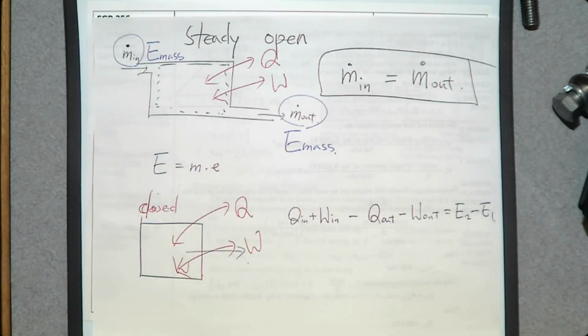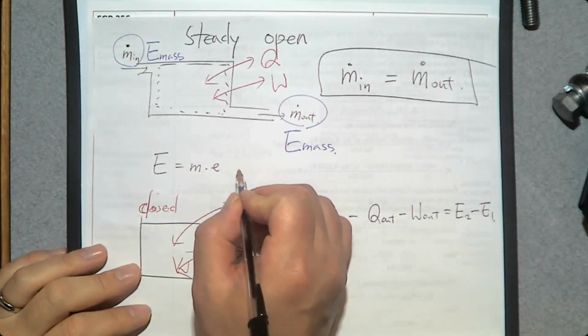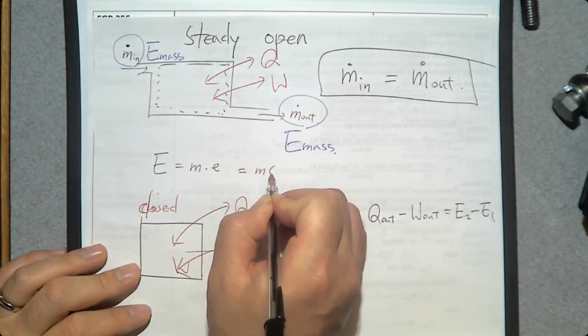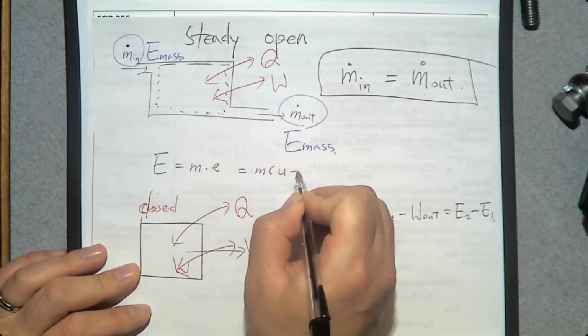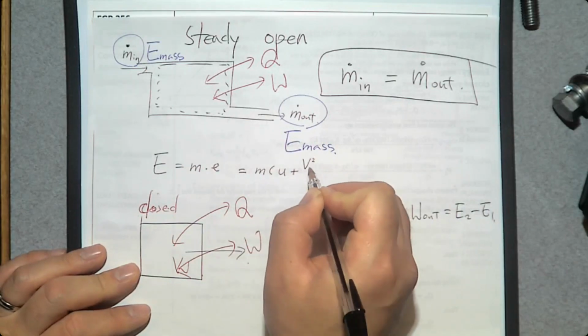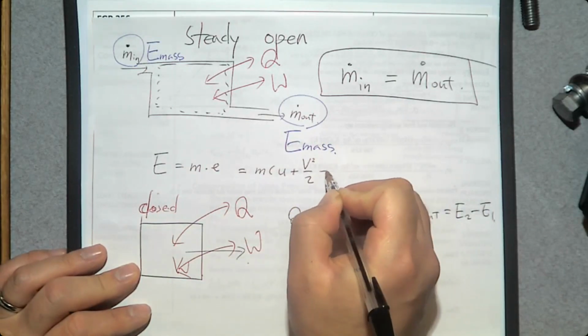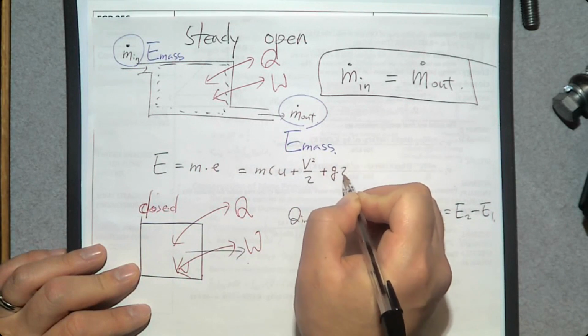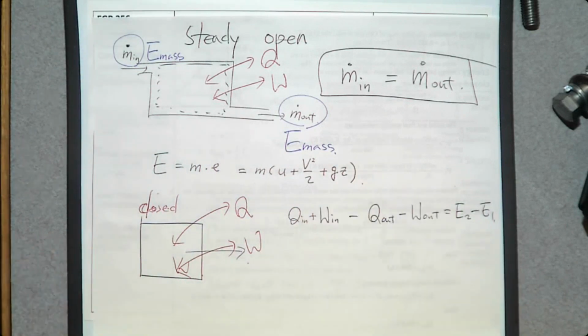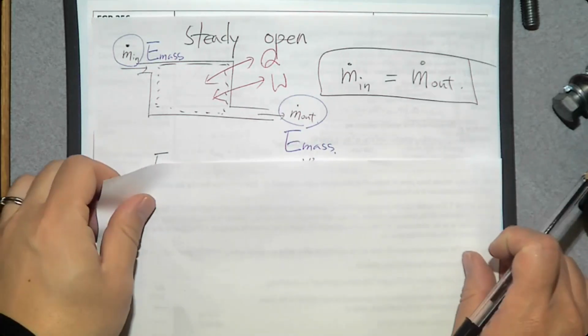Then how do you determine this total energy per unit mass? Do you remember? Total energy per unit mass was specific internal energy u, kinetic energy, velocity squared over 2, and potential energy, gravity times elevation z. So that's how you determine energy transfer by mass. Then based on that, let's complete the energy balance equation.